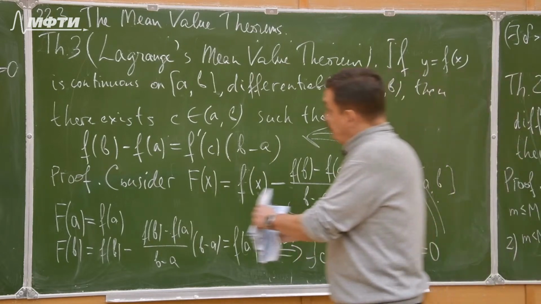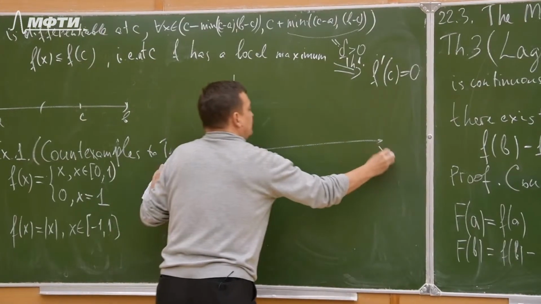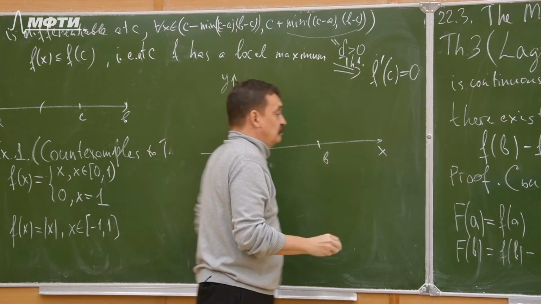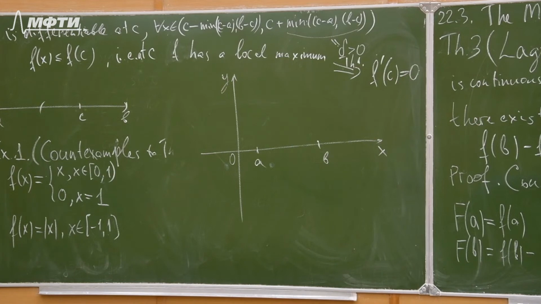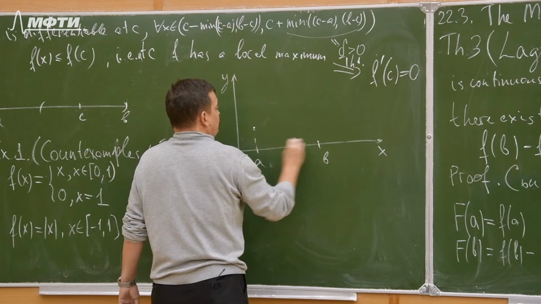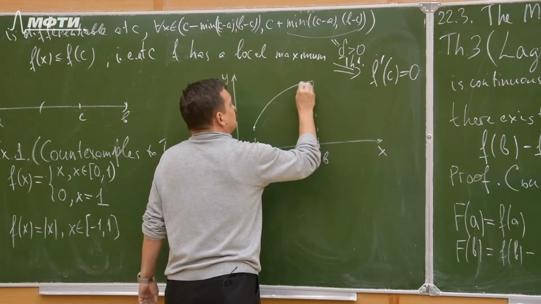So what is the geometric interpretation of Lagrange mean value theorem? It's quite analogous to Rolle. Look, now we have no restriction to the values of our function f at the endpoints. So we have something like that, right?